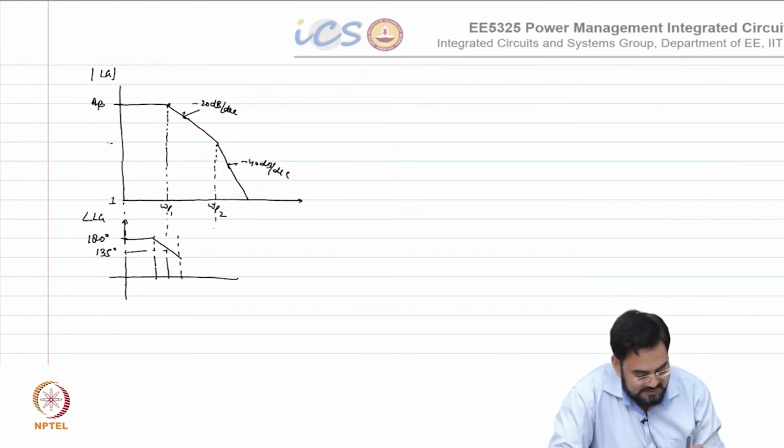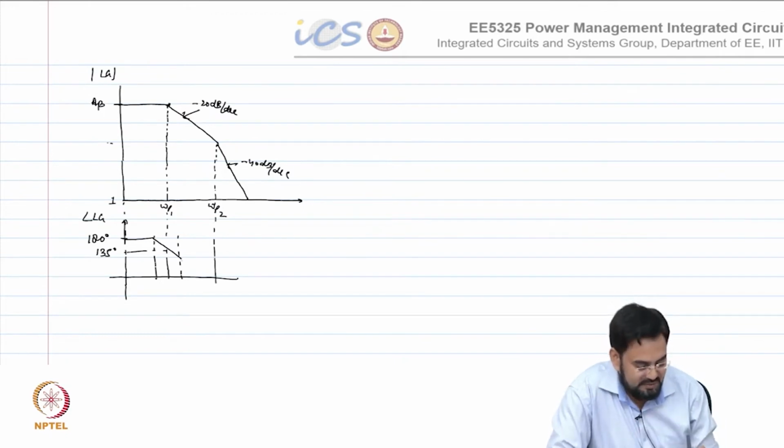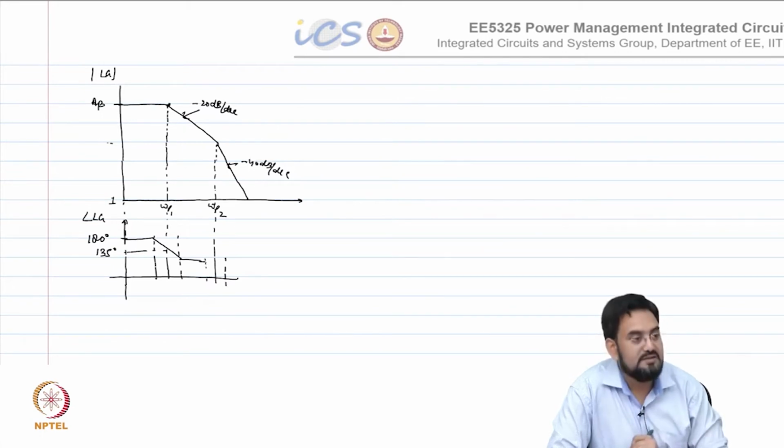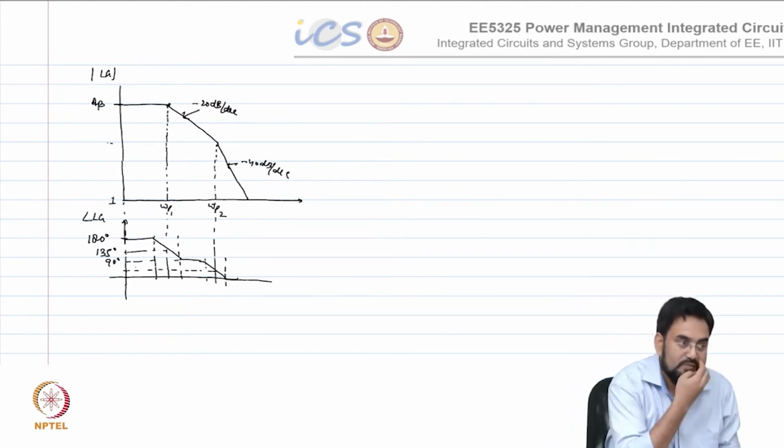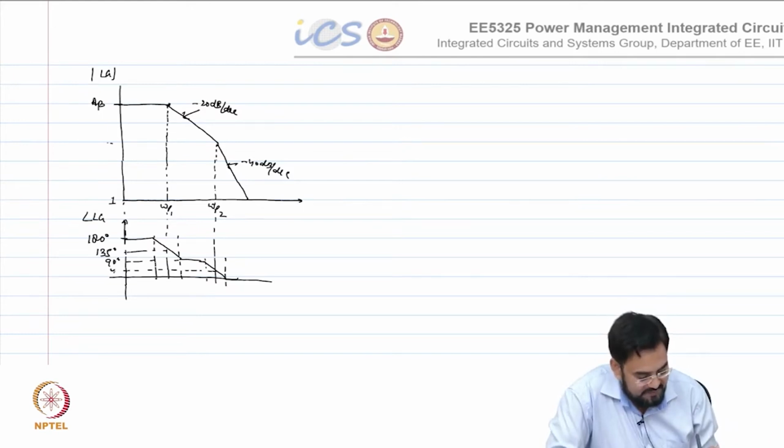And let us say this is more than 1 decade apart, so it will remain 90 degree, and then the effect of second pole will start coming 1 decade before this. So this is 90. What will be the phase here at second pole? 45. And what is the phase here? 0.